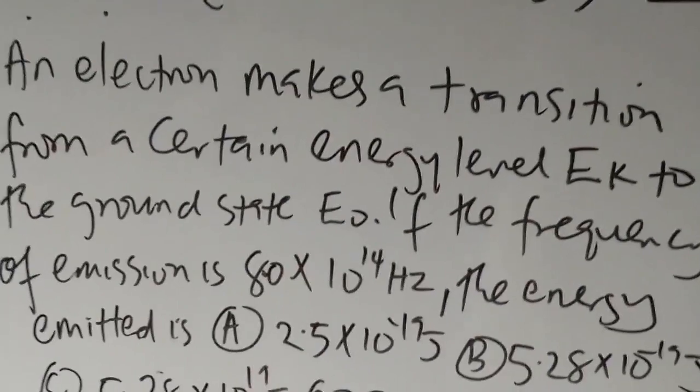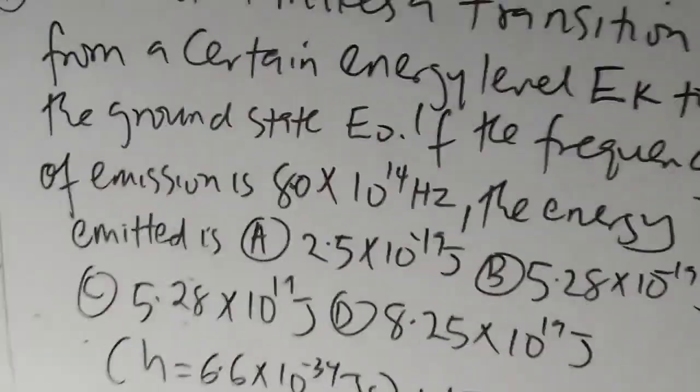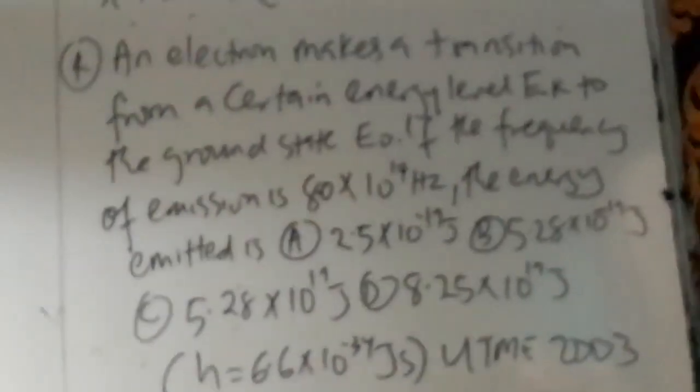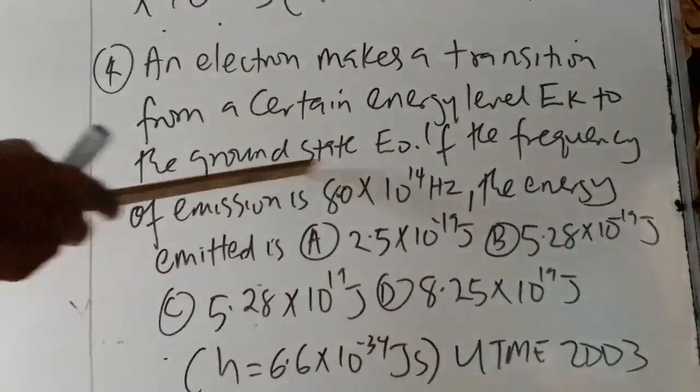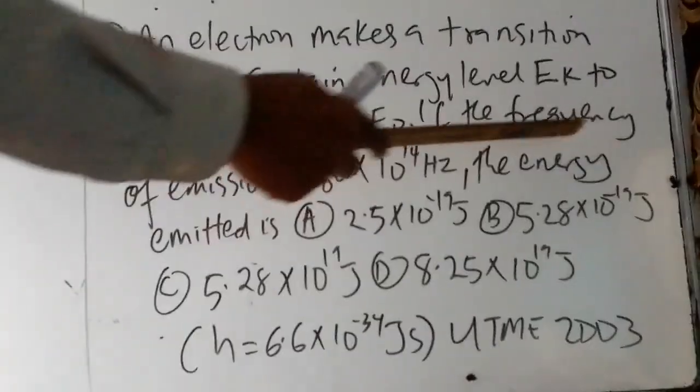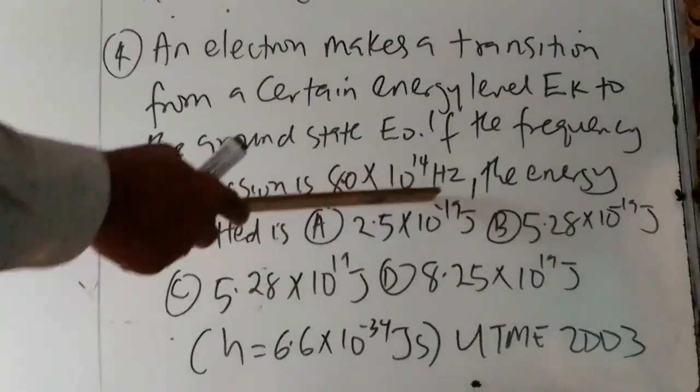It says an electron makes a transition from a certain energy level E to the ground state E0. The frequency of emission is 8.0 by power 14 Hz.